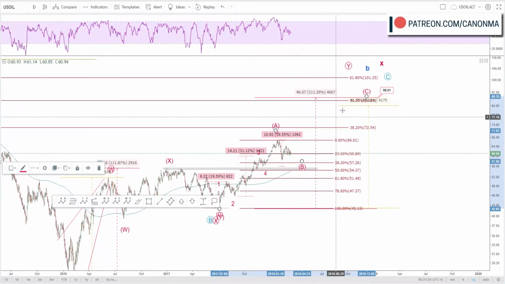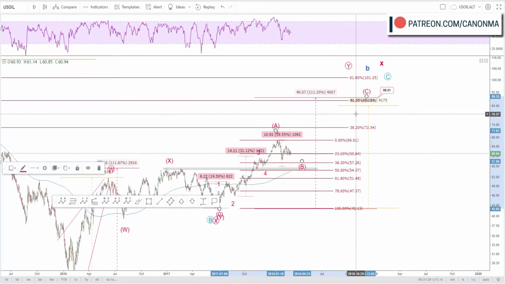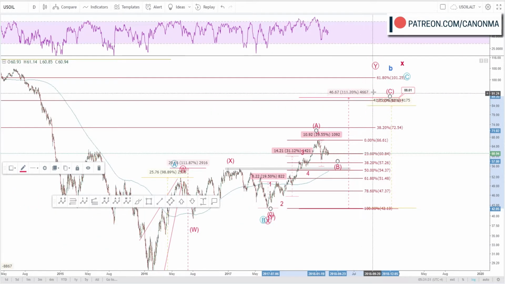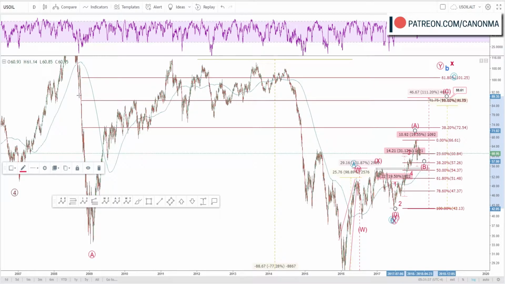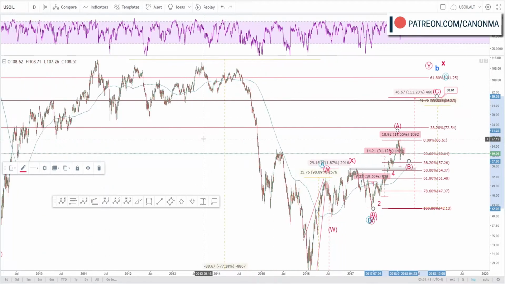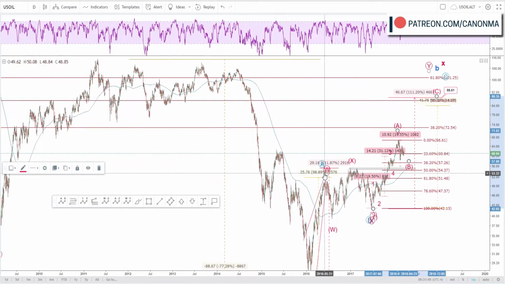A 1-to-1 ratio between W and Y would bring us to our target of right around $88. That's how we're driving that target. We're also seeing convergence at the 50% retrace from the entire move down from the highs back in 2008. So yeah, I think that's all I've got for the long-term count.